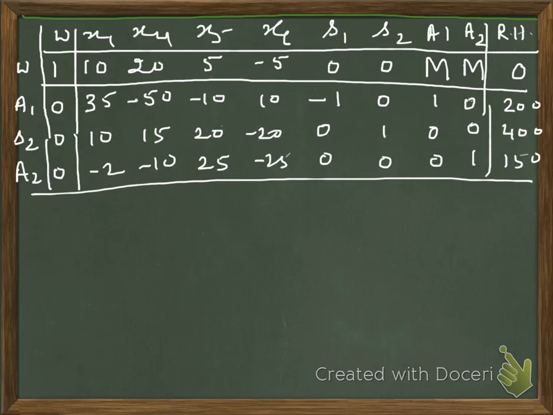Let us see that we multiply the a1 row by m. So we are multiplying the a1 row by m.